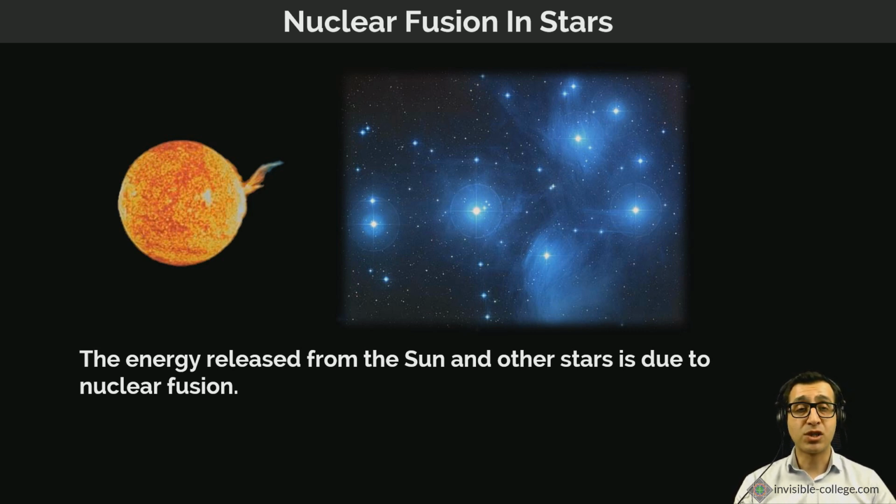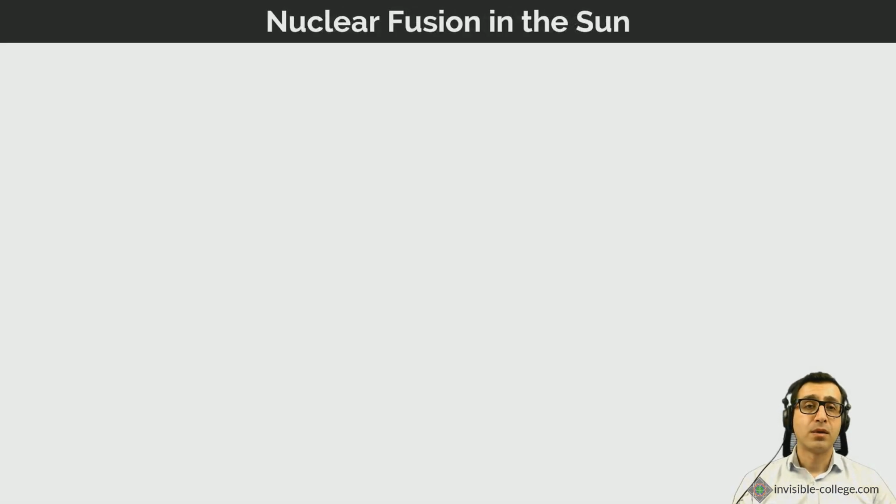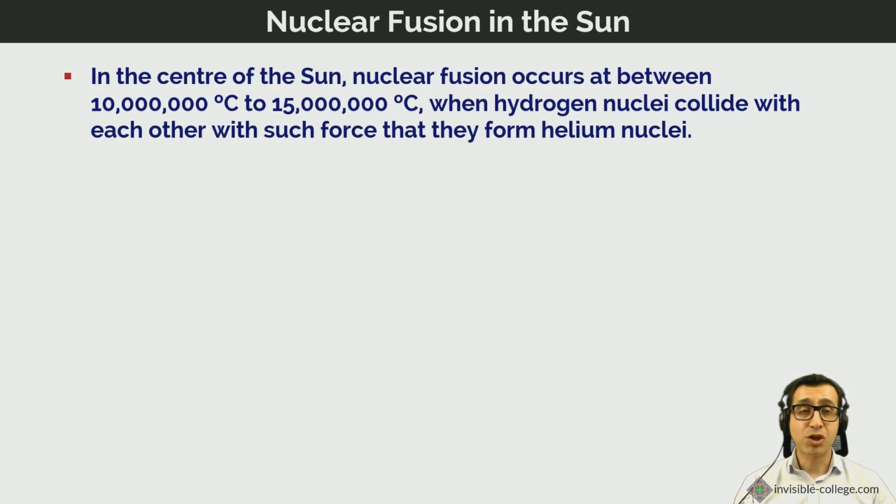This is the process by which the nuclei of lighter elements join together to form heavier nuclei. So in the center of the Sun, a nuclear fusion reaction is occurring at between 10 million and 15 million degrees centigrade. Now again, temperature is a measure of the average kinetic energies of particles.